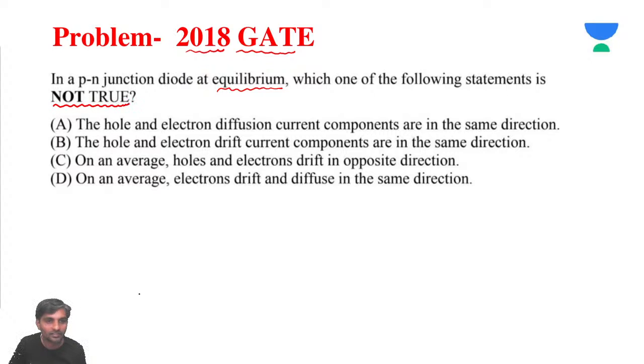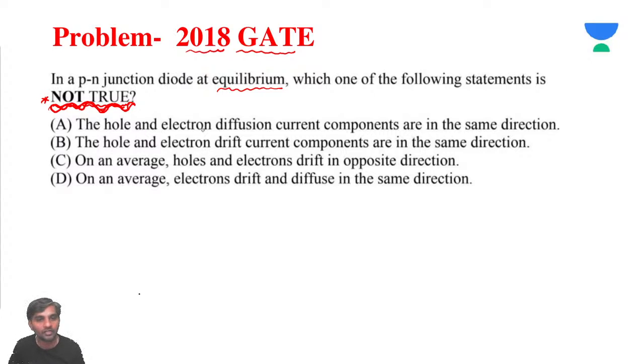Remember this: to confuse you, he has given "not true." Which one of the following statements is not true? Very important.